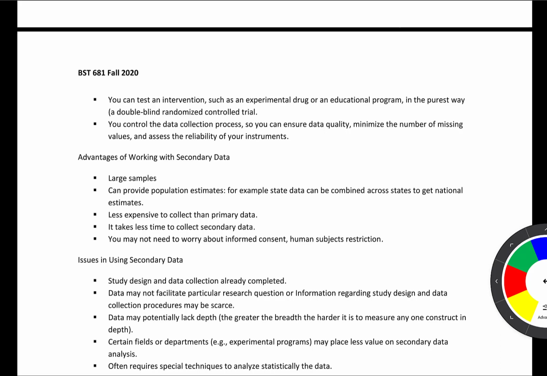And you control the data collection process so you can ensure the data quality, minimize the number of missing values, and assess the reliability of your instruments. So in other words, the big advantage of using primary data is you have a lot more control. You are the one setting everything up, so you have all of the control.